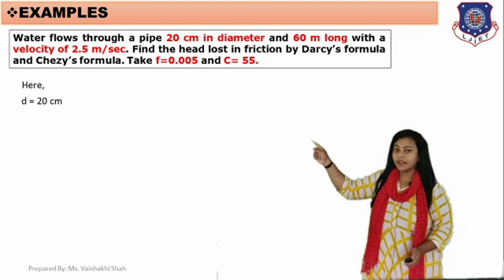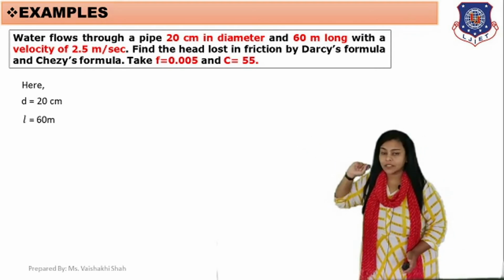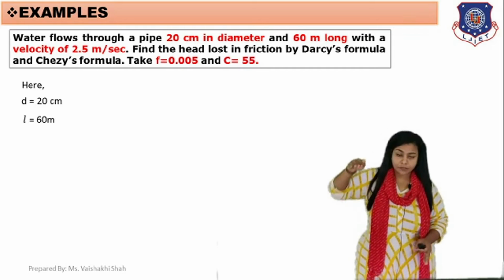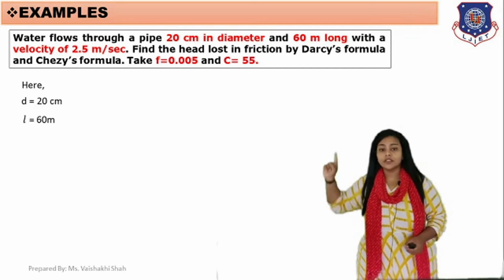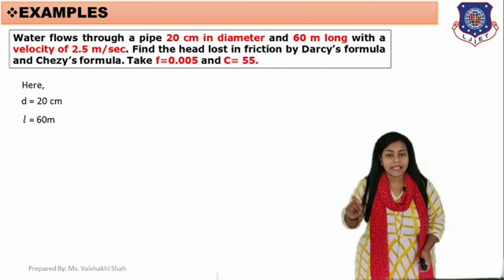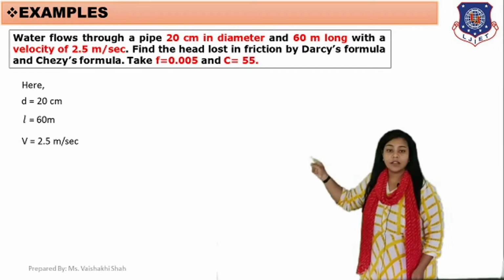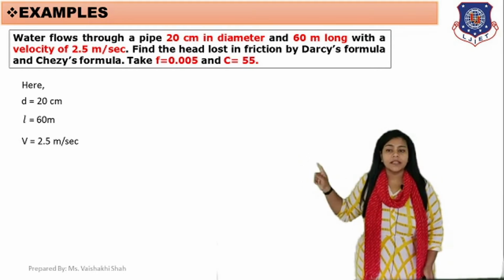Length is given as 60 meter. Now the velocity of water flowing in the pipe is 2.5 meter per second, which we indicate as V.